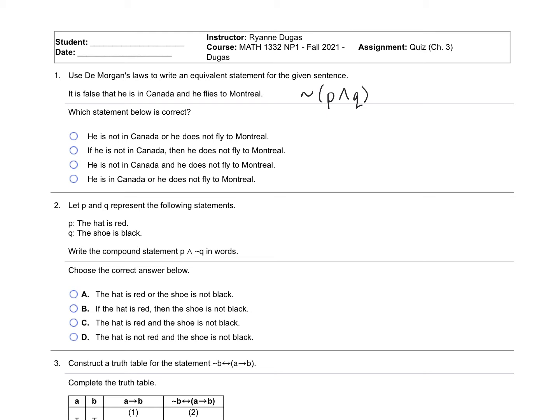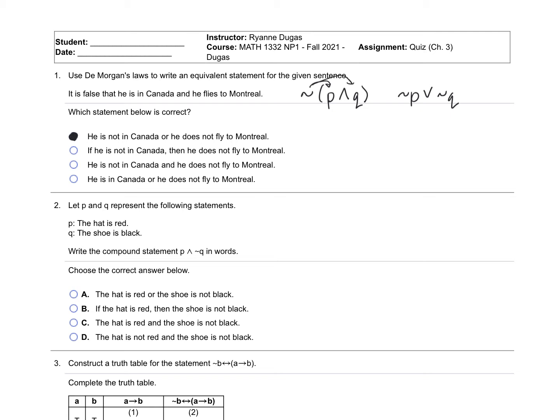Remember, you change the and to or, and then you distribute the negation. So it would be not P or not Q. So he is not in Canada or he does not fly to Montreal. You can see that that is actually the very first choice.